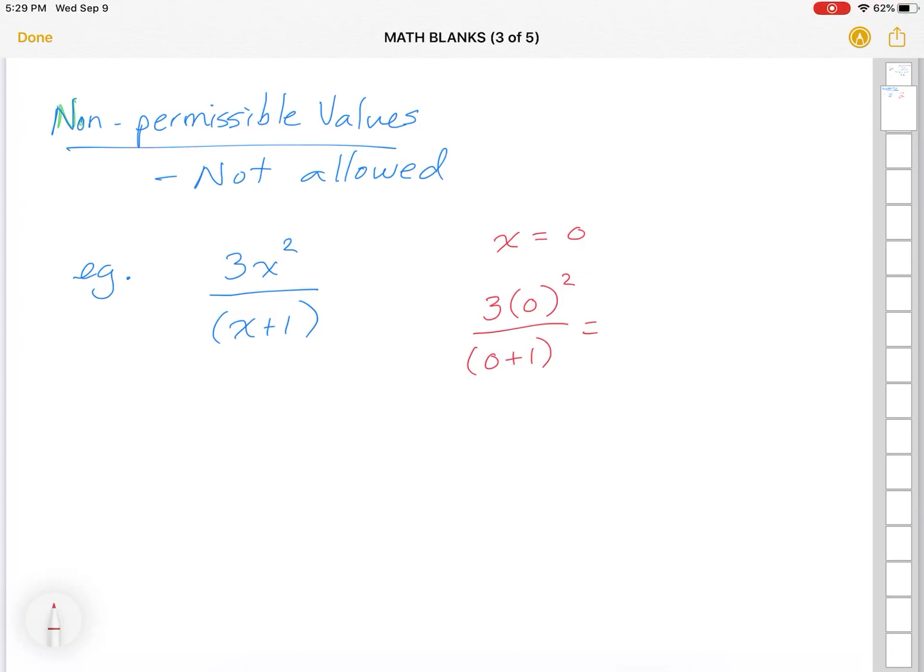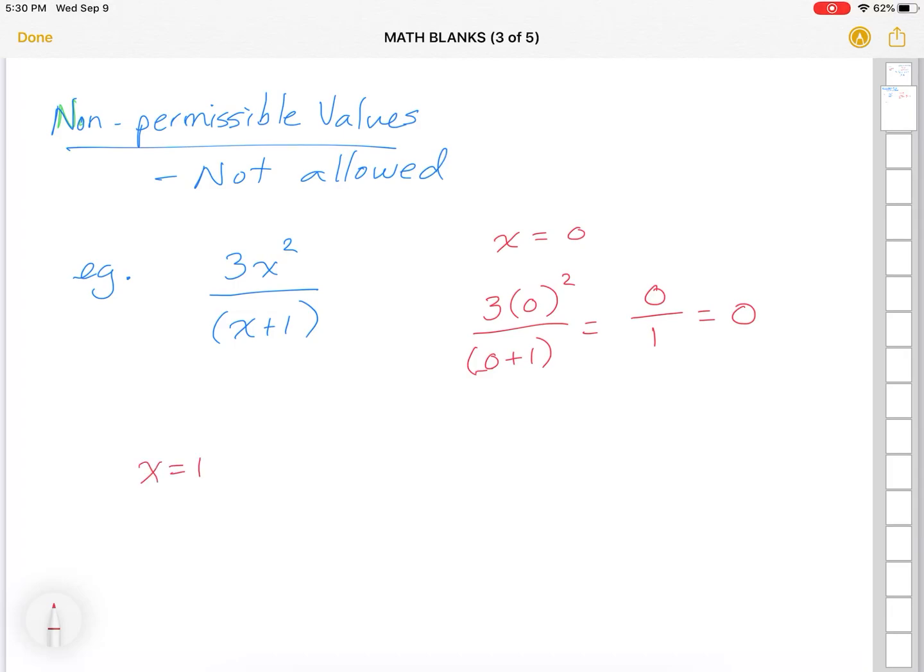When I solve that, 0 squared gives me 0, 0 times 3 is 0, and at the bottom, 0 plus 1 is 1. Now, you can do that division because 0 divided by 1 equals 0. It's not undefined. So that one works.